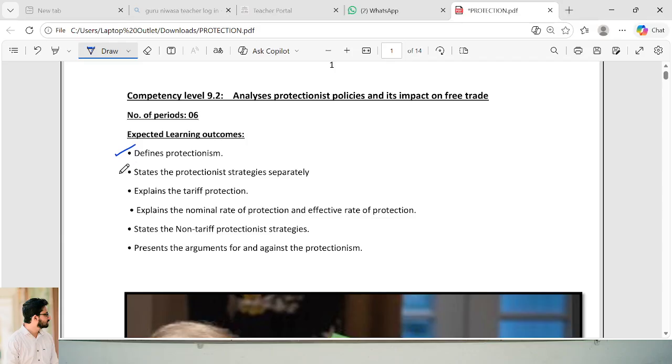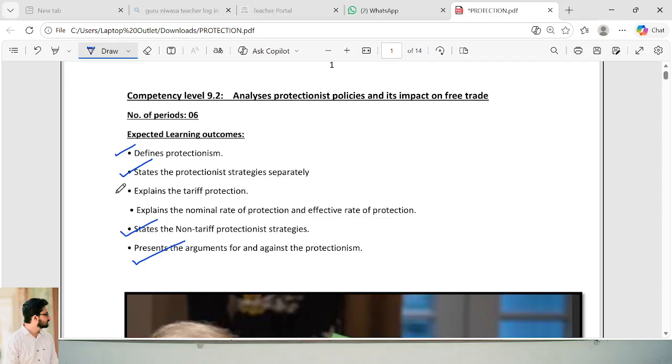Protectionist strategies mean tariff and non-tariff strategies, done. And state non-tariff protectionist strategies, we have discussed it in detail. Explain tariff, present the arguments for and against protectionism, done.